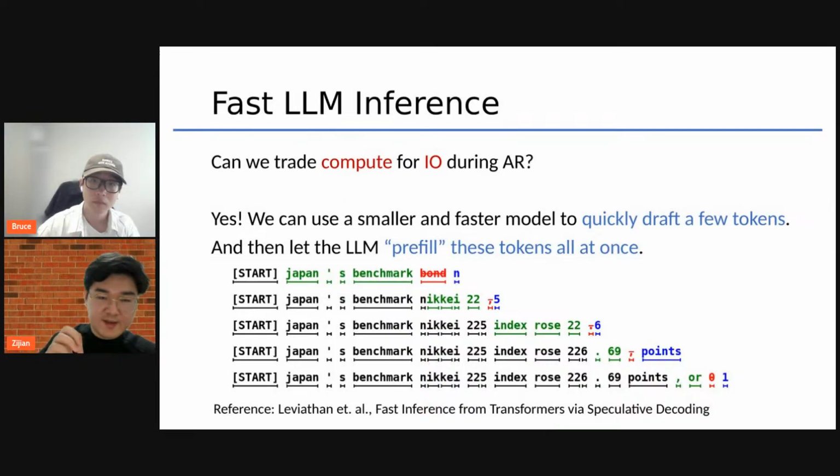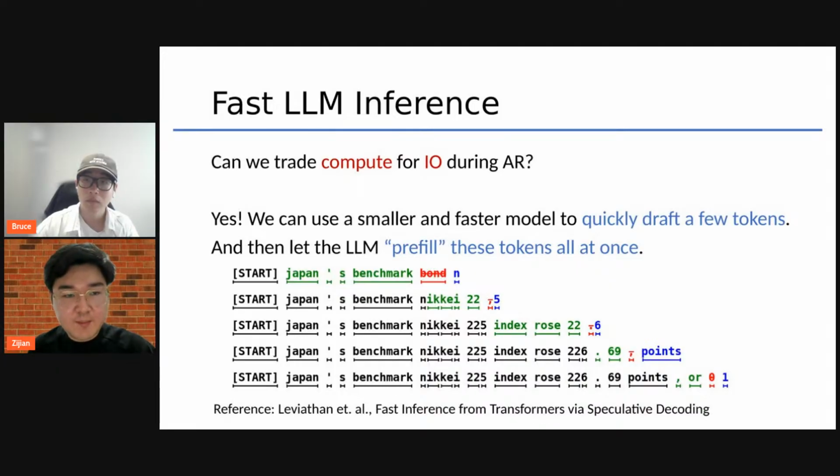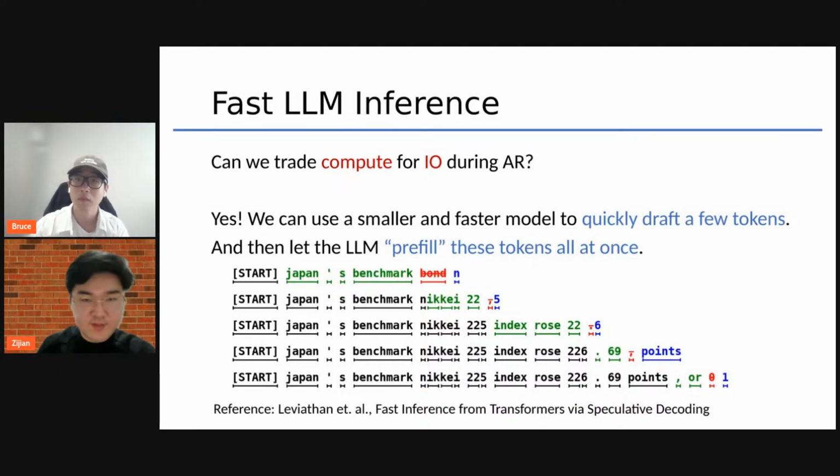In this way you can probably save some I/O time because you're processing 5 or 6 tokens at a time, and the autoregressive generation of these tokens relies on a very small draft model, which is also supposed to be fast. So by doing this, you can actually do decoding faster than the standard decoding. But of course, you have to incur more compute in this case.